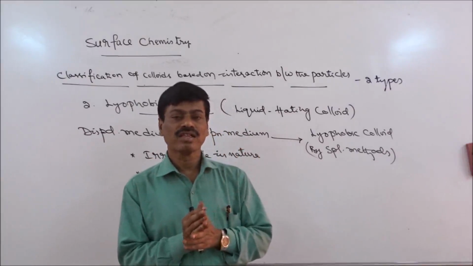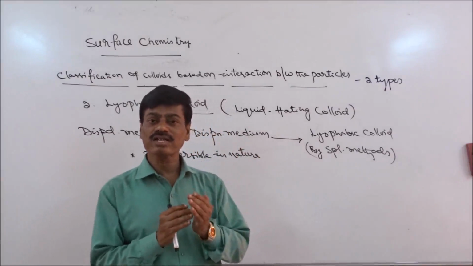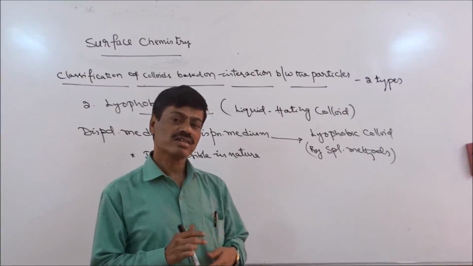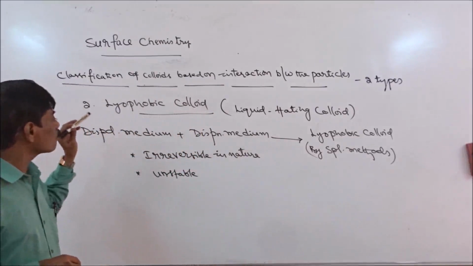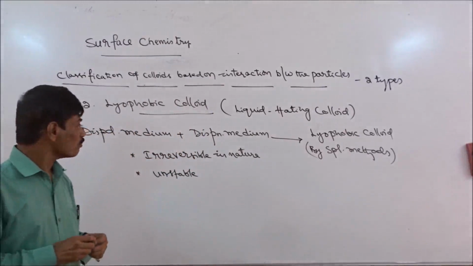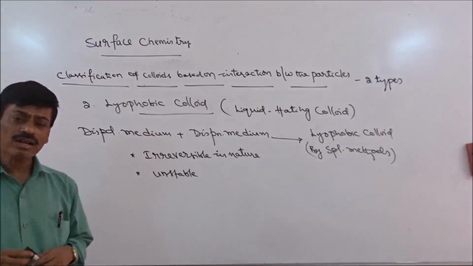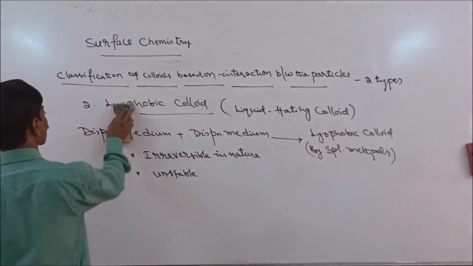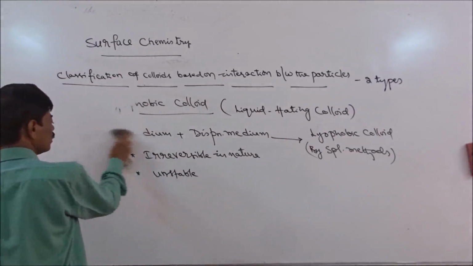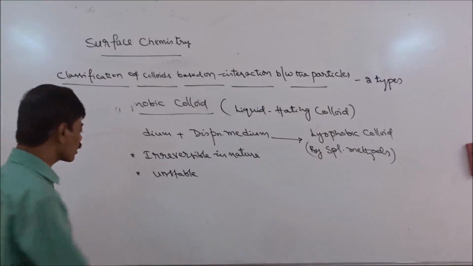In that way, the dispersed phase can be isolated, separated from the dispersion medium. That's why lyophobic colloids are said to be unstable colloids. So that's about classification of colloids based on interaction between the particles.